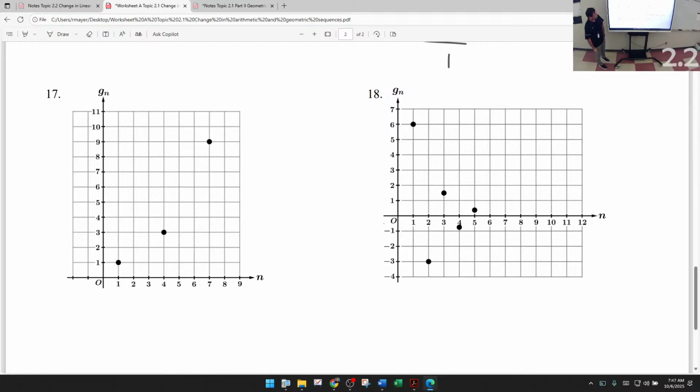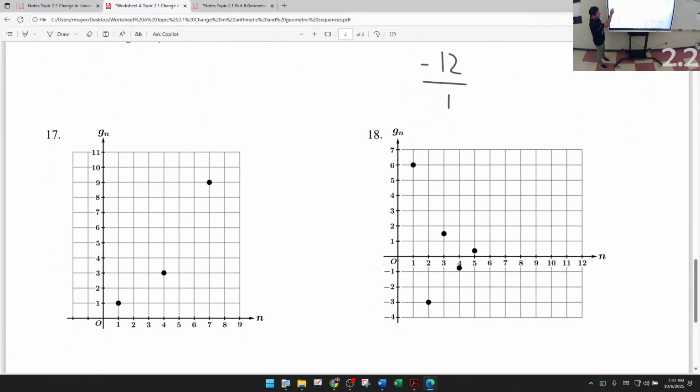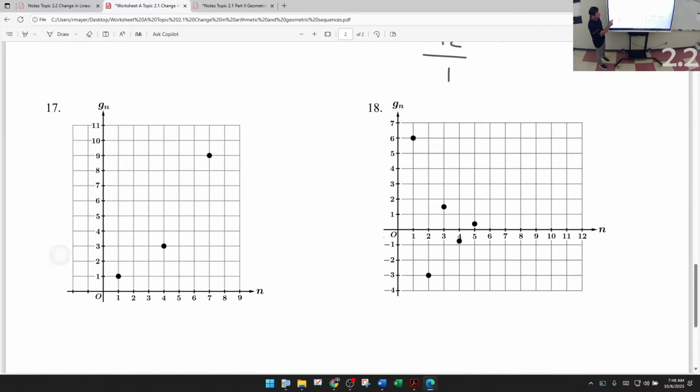Was this, are these geometric, arithmetic, or nothing? Is that what they asked on number 18? Oh, man, that was looking like they were the same number. I thought it was 6 and negative 3 at 1.